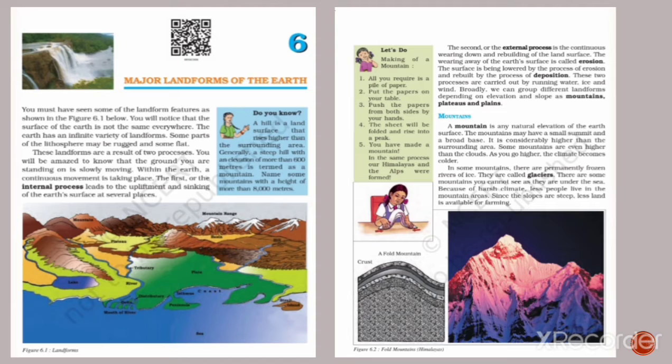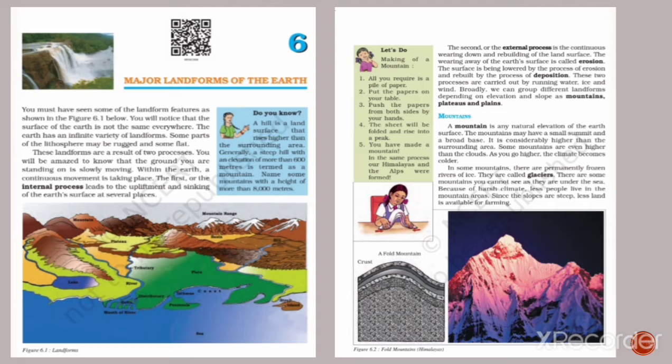The wearing away of the earth's surface is called erosion, and rebuilding takes place by the process called deposition. These two processes are carried out by running water, ice, and wind.